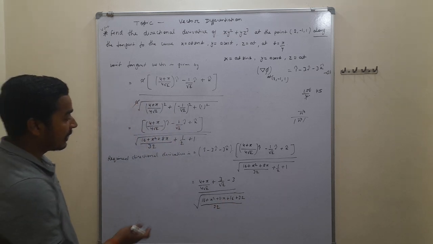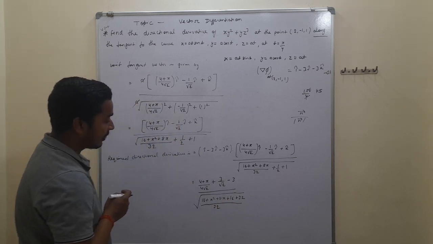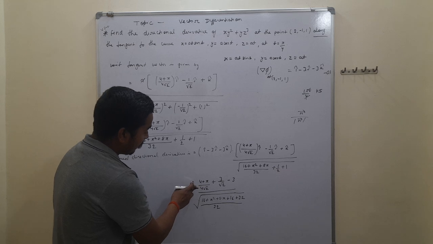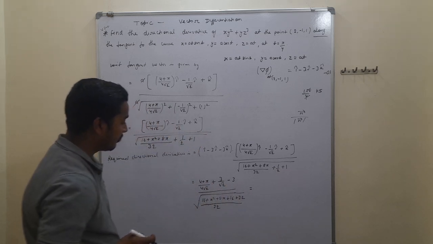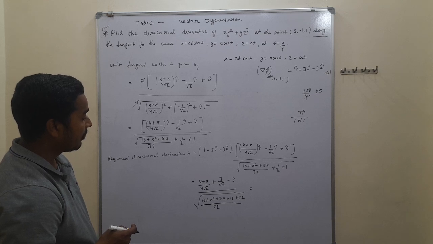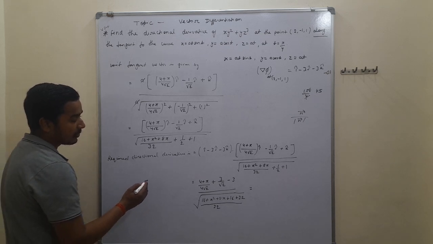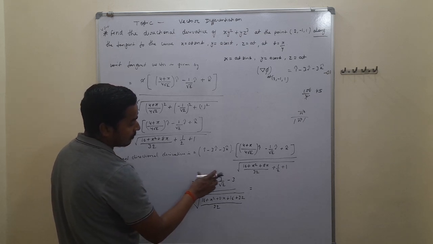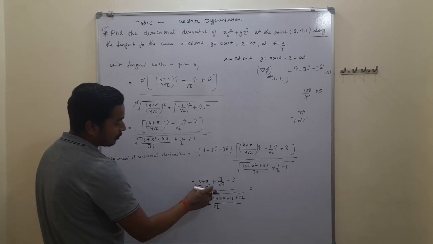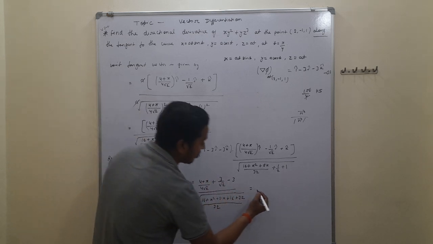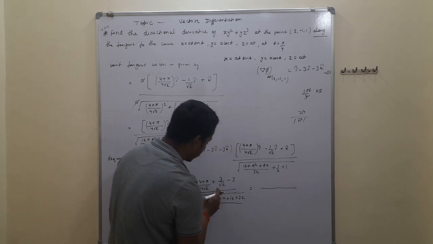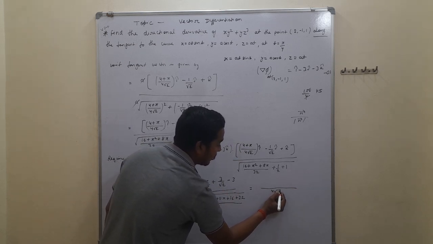We can also take the LCM in the numerator. First we take the LCM once again, and we can write here the required solution. We can solve further to simplify the given expression, like we take the LCM here once again. This is given by 4√2 taking LCM.